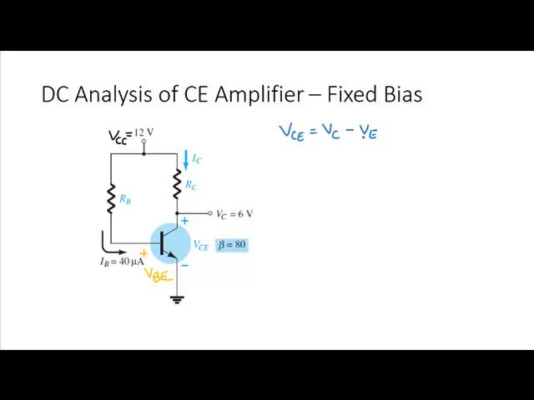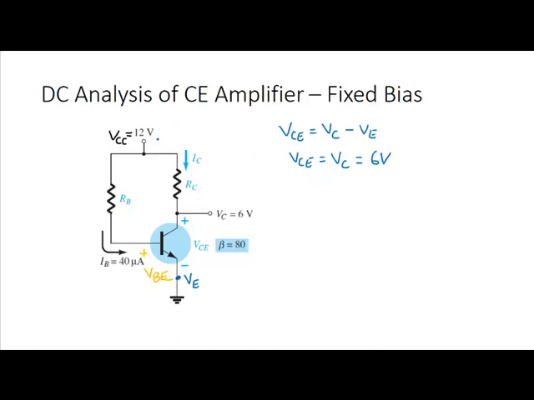And for a fixed bias circuit, VE is 0 because the emitter terminal is connected directly to the ground. So voltage at this point VE is equal to 0. So VCE is same as VC. So in this case VCE will be equal to 6 volt.